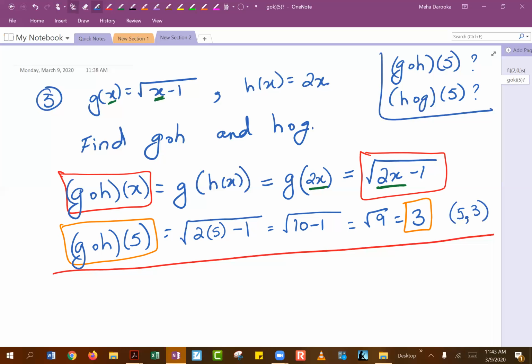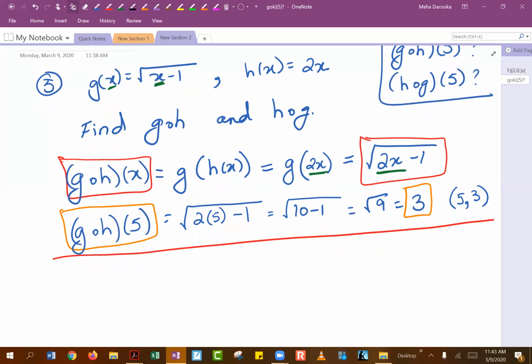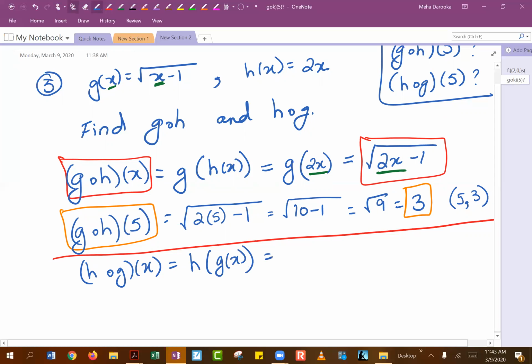Okay, so be careful now, because when we reverse that relationship between h and g, your function is going to change. Now they're asking us to find h of g. Again, let's do this at a generic level first. So now h is the outside function, g is the inside function. What is the original g function defined as?